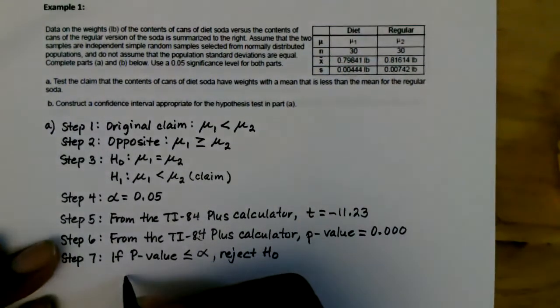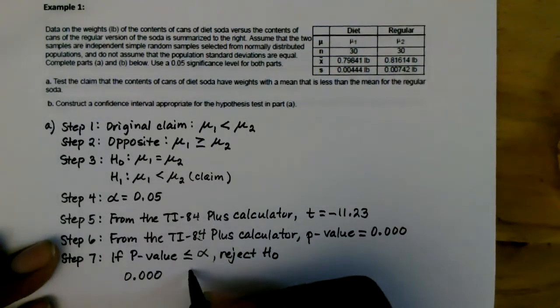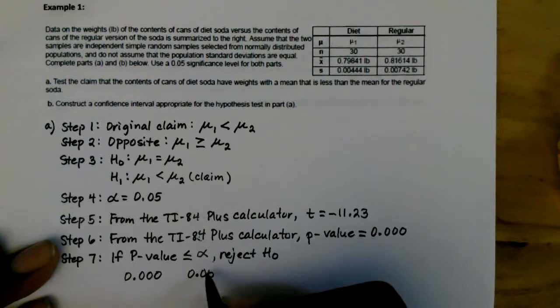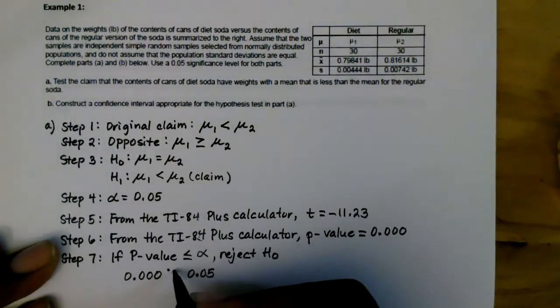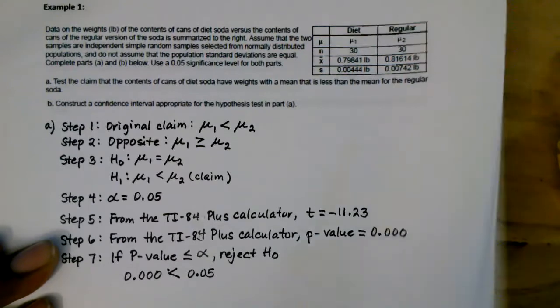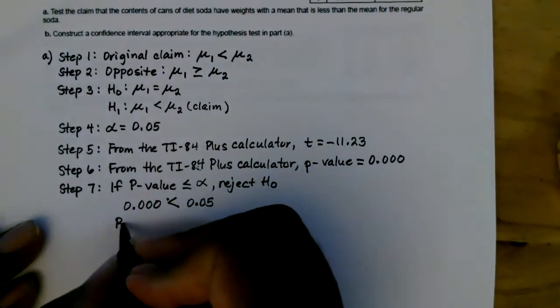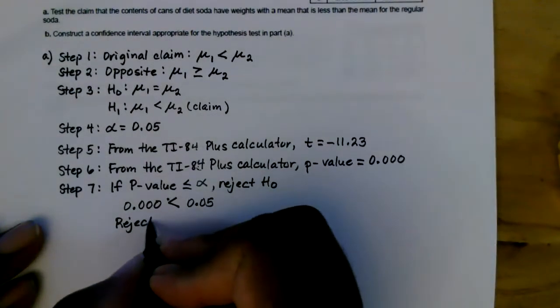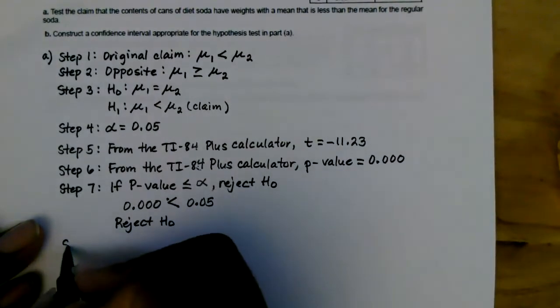So in this case, if that p-value was 0.000, my alpha level in this case is 0.05. And if I compare those two, I see that 0.000 is less than 0.05. That satisfies the decision rules, and that means I need to reject the null hypothesis.